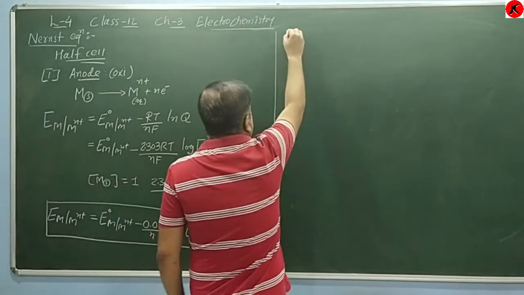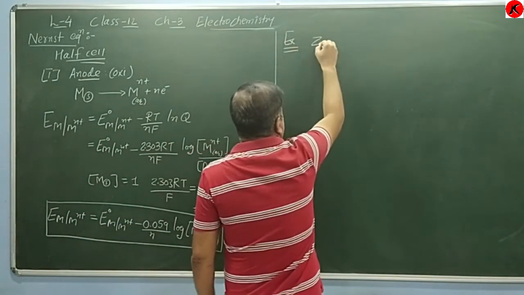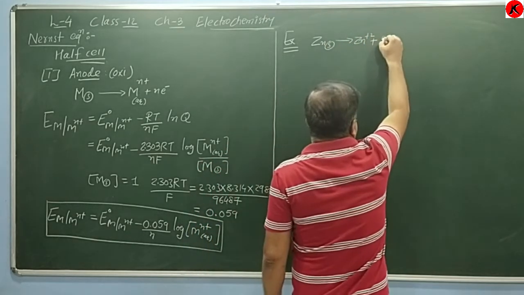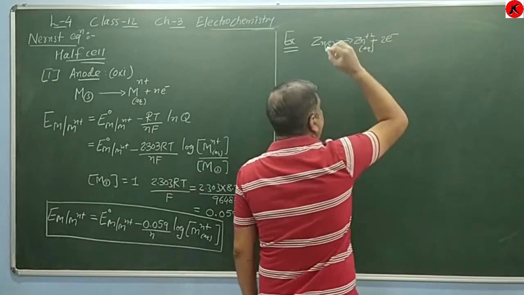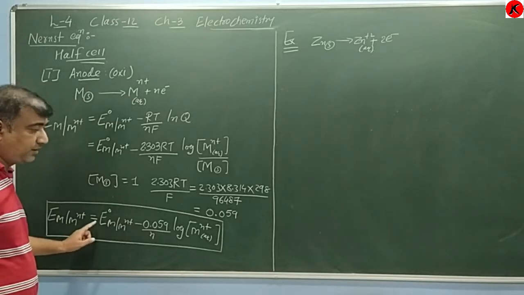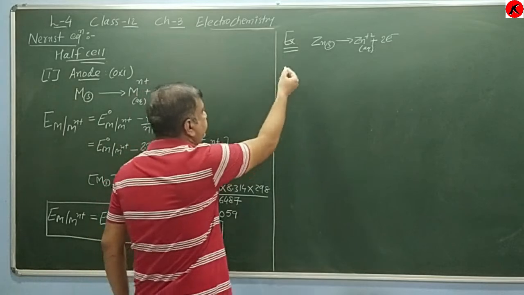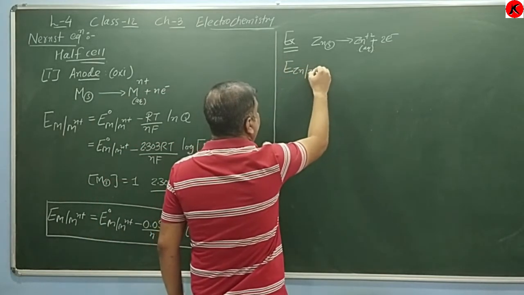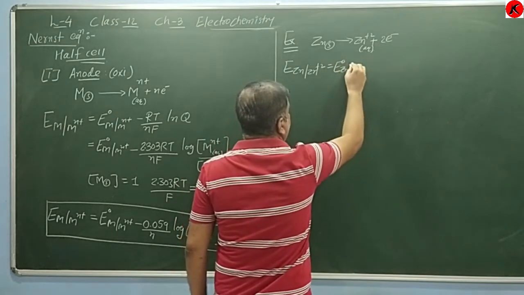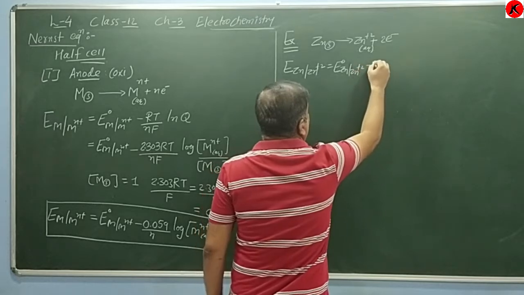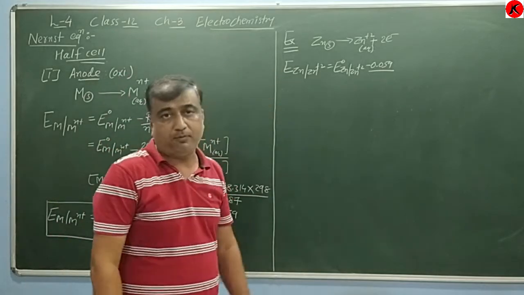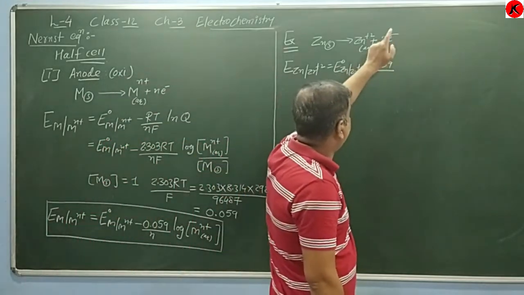Say for example, Zn solid gives Zn2+ plus 2 electrons. How to write this Nernst equation? So simple. Based on this we can write E Zn2+ equals E naught Zn2+ minus 0.059 upon n, where n means the number of moles of electrons in the oxidation half reaction.